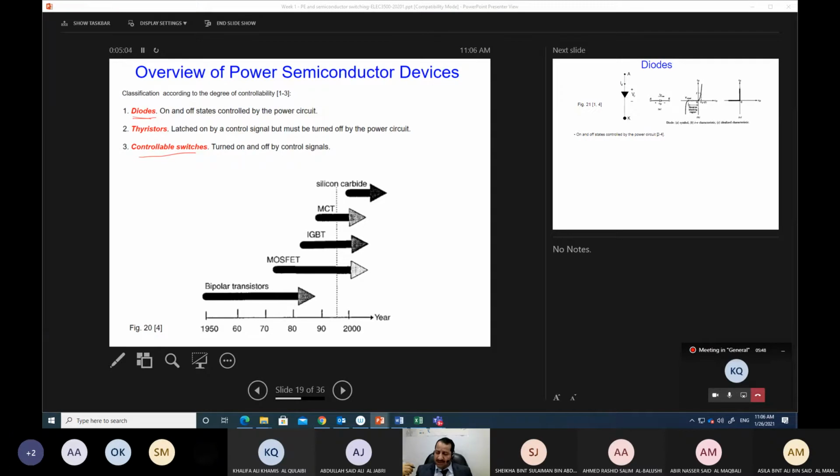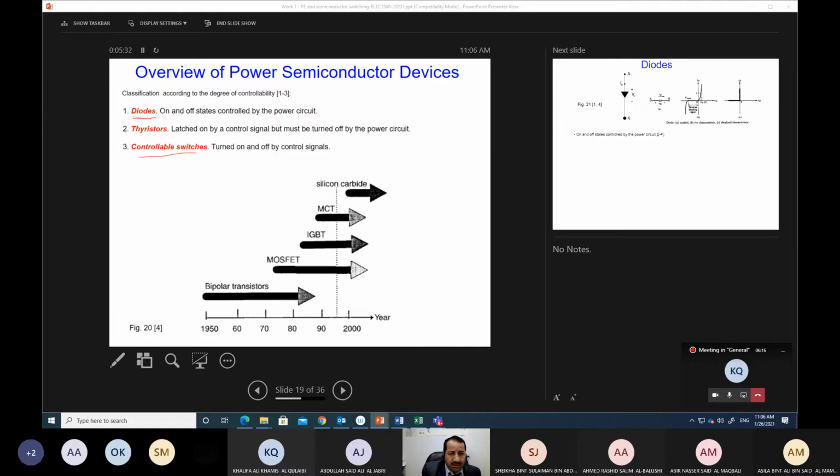In the BJT we apply current, here we apply voltage because it's a voltage-controlled device, if you remember. So when we apply voltage and increase it, we have on. We reduce it, it will be off below the threshold voltage. So there is uncontrolled, which is represented by the diode, and there is controlled, which is represented by, for example, the BJT or FET or MOSFET and so on.